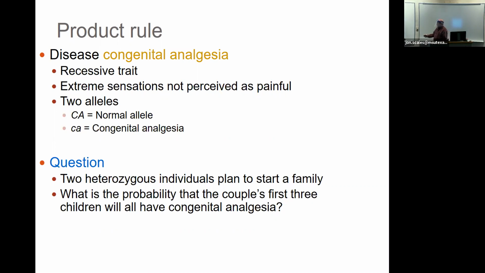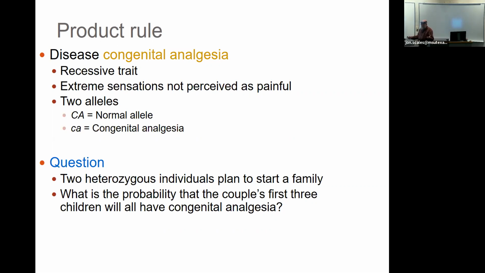That means they also have the normal allele, which is dominant. But they're going to have some kids, and they want to know, we're going to have 3 kids. What's the likelihood that those 3 kids are going to have this disease? Or what's the likelihood that one of the kids would have the disease? What's the likelihood that the first 2 kids would have the disease?